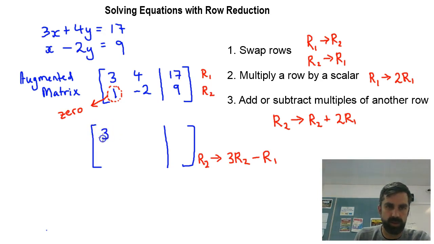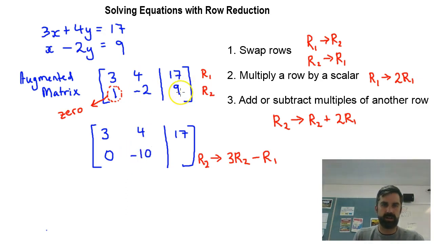Row 1 is unchanged because I'm not doing any operations on that. This number here will become 1 times 3, which is 3, take 3, which is 0. Now I'm going to do -2 times 3, which is -6, take 4 is -10.